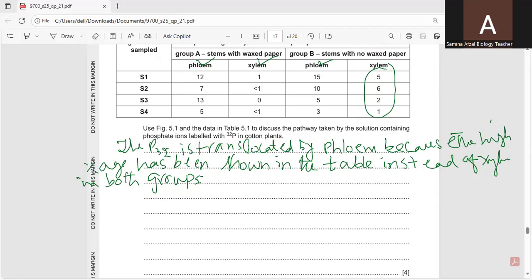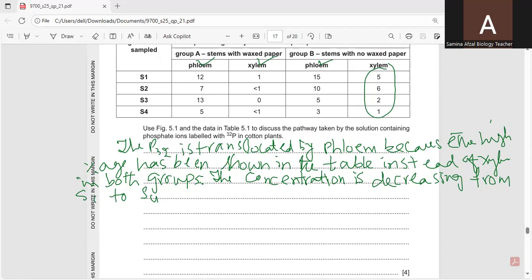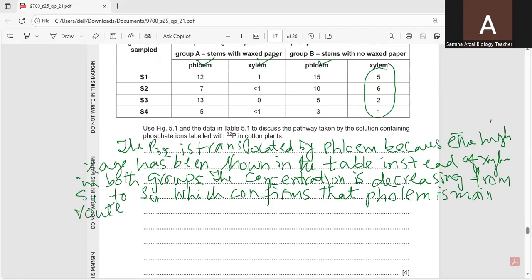The concentration in the phloem decreases from S1 to S4, which confirms that phloem is the main route for transport away from the source.